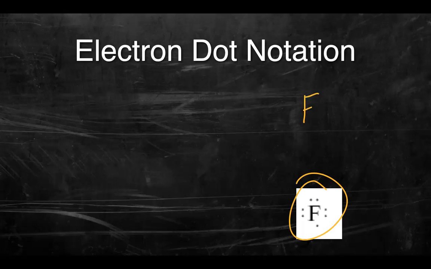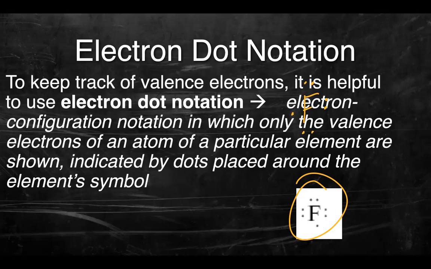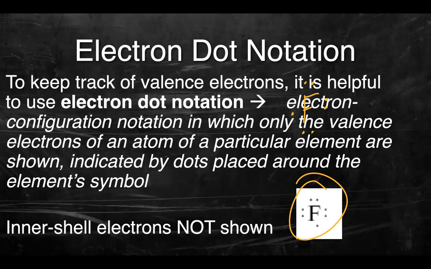Now, the way that you're supposed to draw them, you draw them around the chemical symbol, but you're supposed to start 1 on each side first before you pair them up, just like following Hund's rule when we do electrons in orbitals with more than 1 subshell, like the p, f, and d orbitals. You do like up, up, up, up, and down, down, down, down, like that. Same thing here. Although, like I said, it doesn't really matter too much, but this is called electron dot notation.